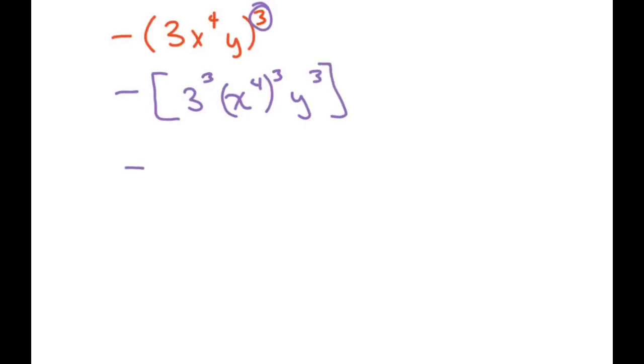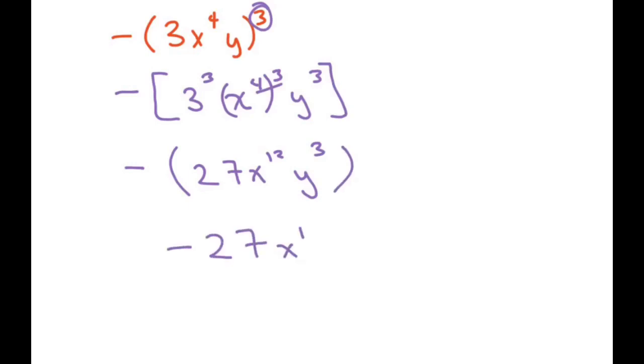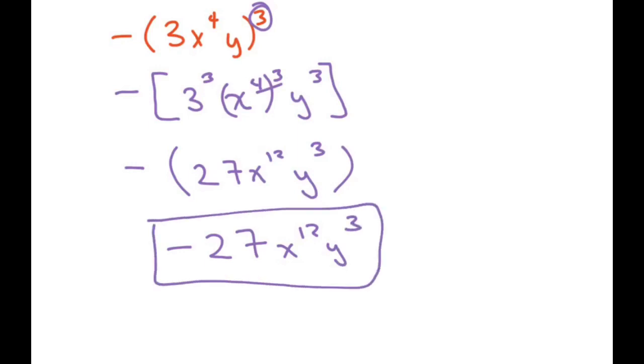When you clean this up, you're going to get 27, and you use your power property here. This is x to the 12th, and this one we just copy down. And then you can just get rid of the parentheses and make it negative. And that would be all for that one.